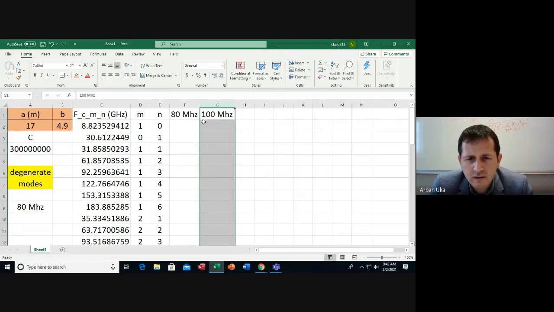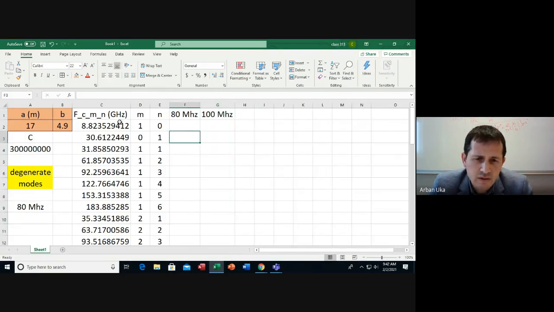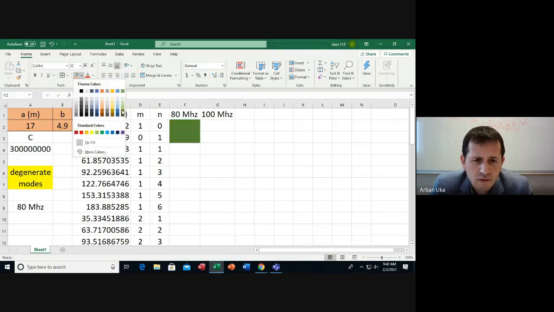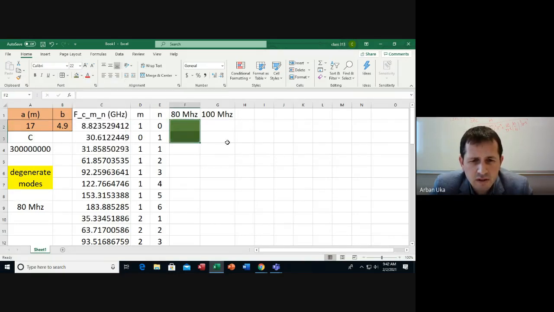Does this frequency create the 10, 01 modes? Yes, because the cutoff frequency is 8.8 and 30, so they are good to go. So we can give, so to say, a green light.